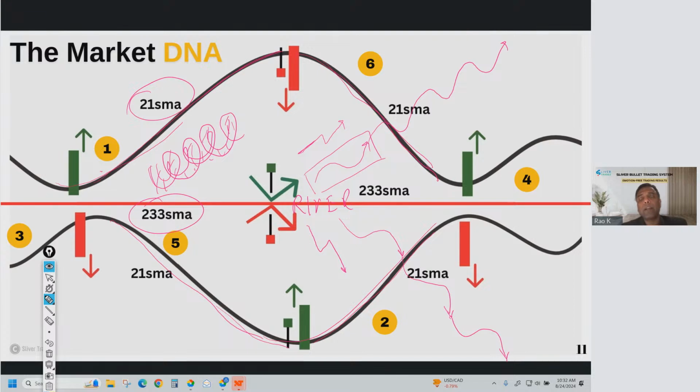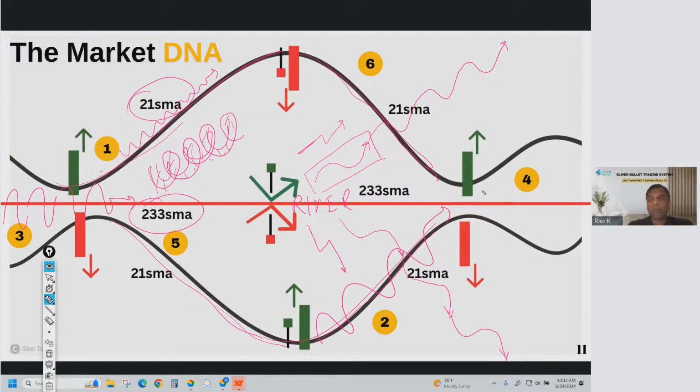Now here on the screen, I have shown the numbers 1 to 6. These numbers are the market conditions from the previous slide. Number 1 was the market going up like this, and number 2 was the market making swings and going up. Number 3 was the market being sideways.